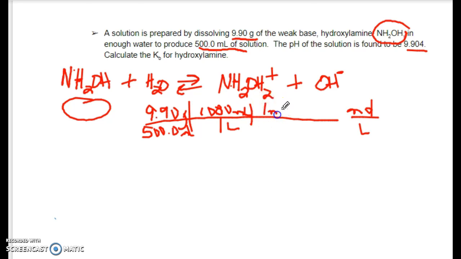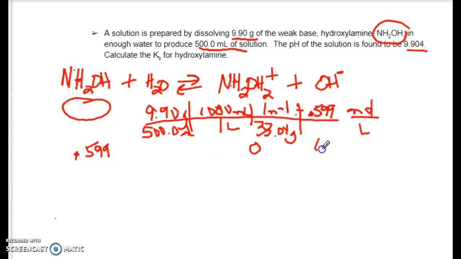So 1 mole is 33.04 grams. And when I calculate that out, I get 0.599 moles. So that's going to be my initial concentration.